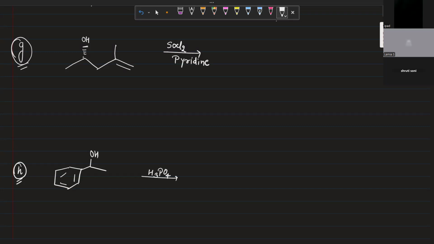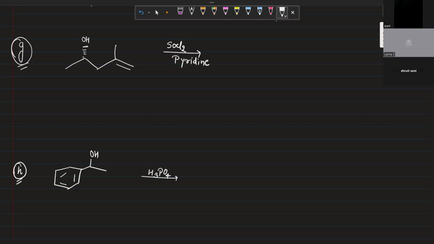Any issue? No, I'm just going back to my notes from yesterday. Basically what I did is I just flipped the dash to a wedge for OH, right?